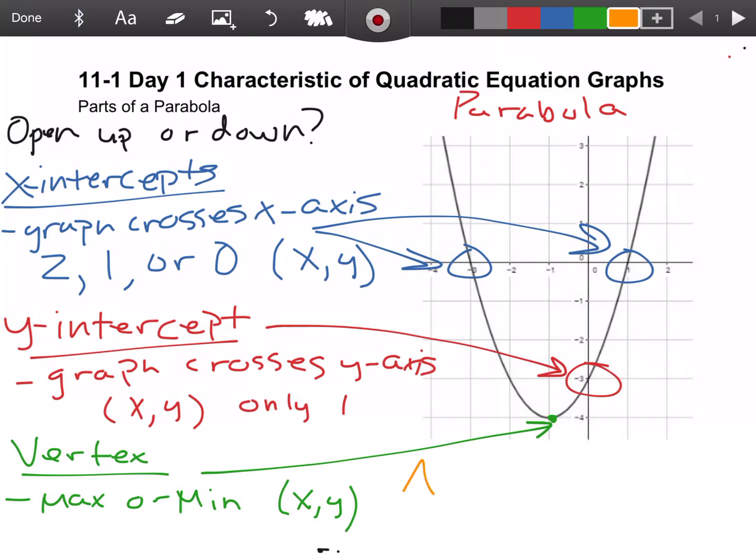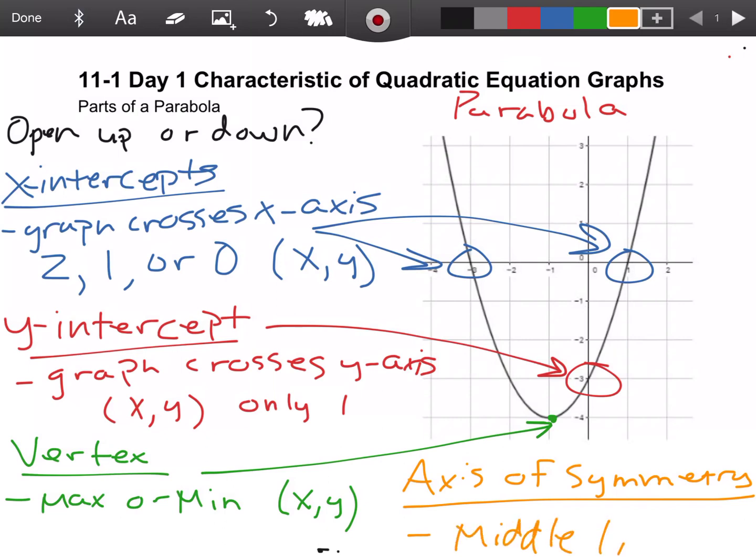And then lastly, we have what we call an axis of symmetry. If you know symmetry, it means it's the same thing on the left as it is on the right. Here, this is what I would just call a middle line, and that would be right down here.